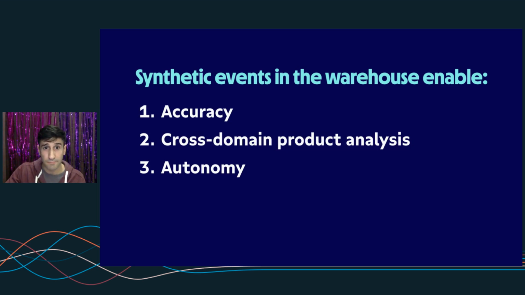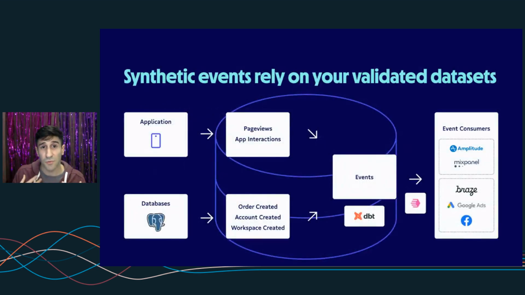Walking through benefit one, synthetic events rely on your validated data sets. So when we walked through this slide before, I papered over the provenance of those synthetic events in the bottom part of the diagram.